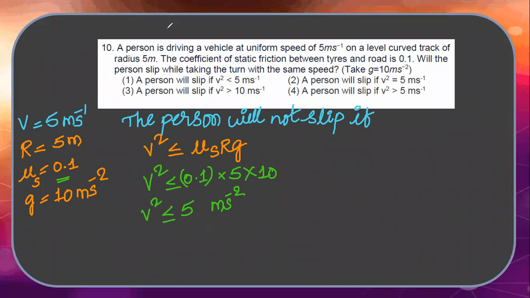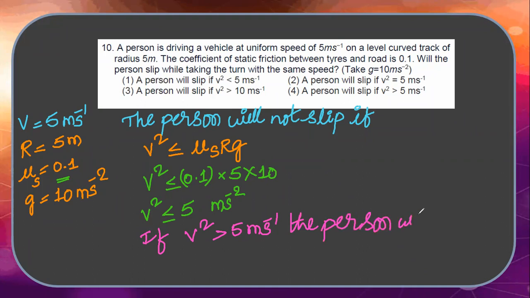So we have to take the reverse. A person will slip if v square is greater than 5 meters per second. This is the answer.